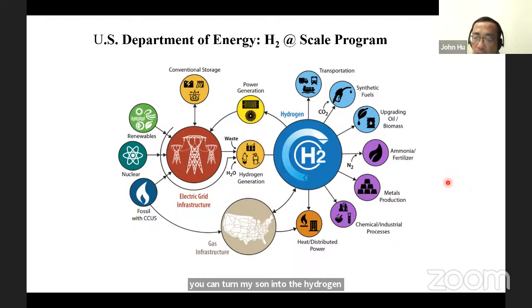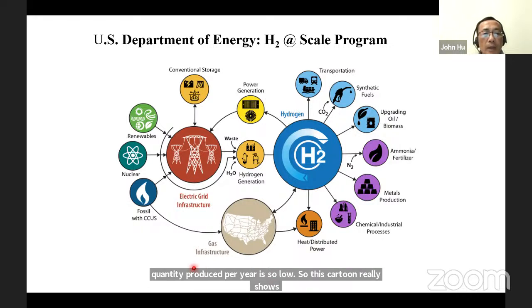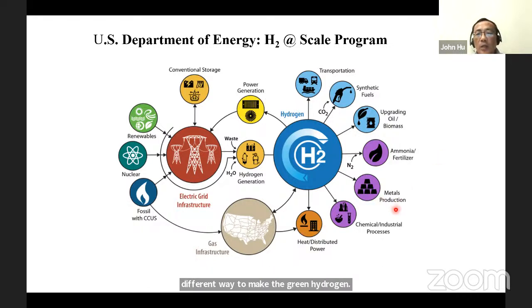It's not green, but it's clean. That's why today in the United States, we are talking about clean hydrogen, not necessarily green hydrogen, because the quantity of green hydrogen produced per year is so low. So this cartoon really shows different ways to make green hydrogen, I mean, clean hydrogen. That's why they call it the Hydrogen at Scale program. I'm heavily involved in making hydrogen from natural gas.